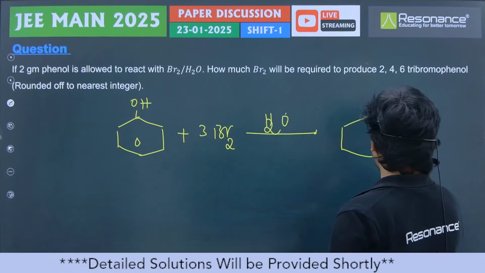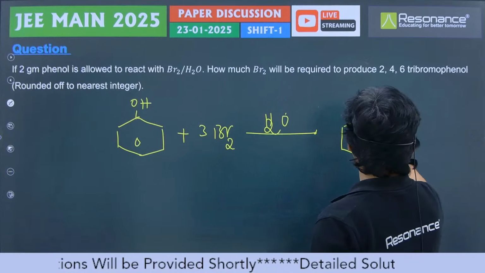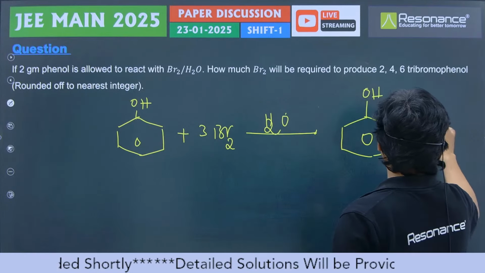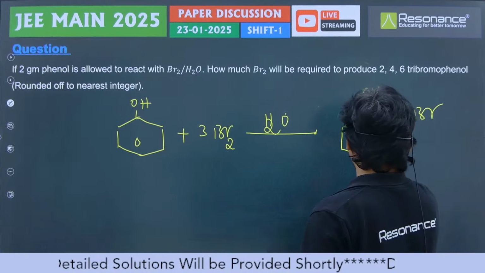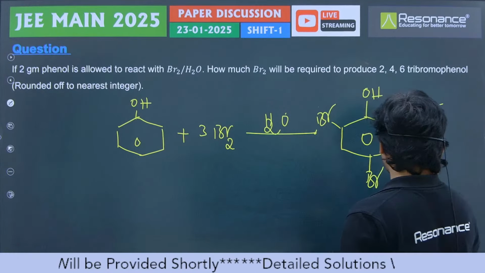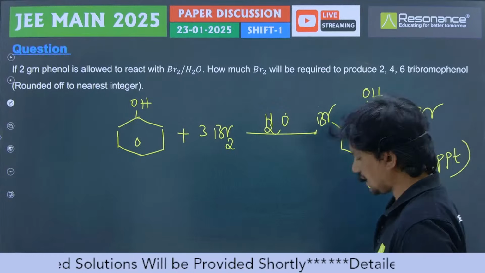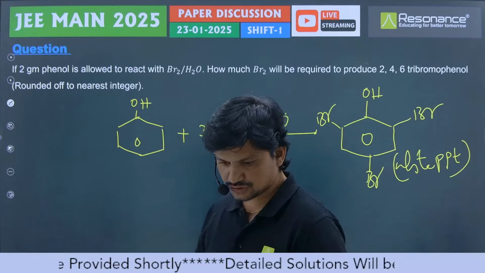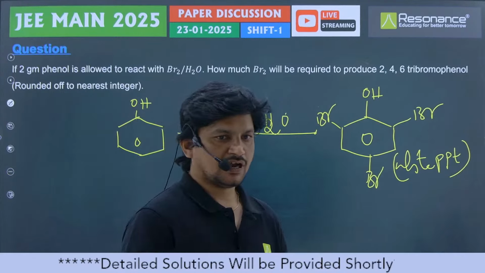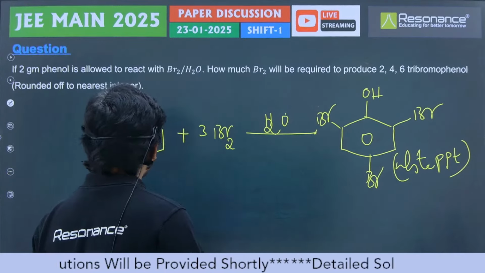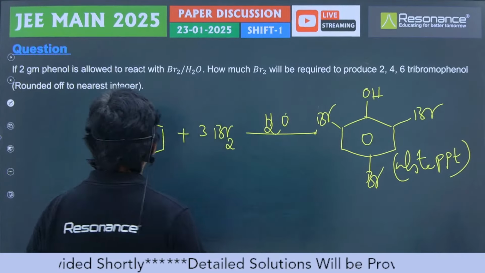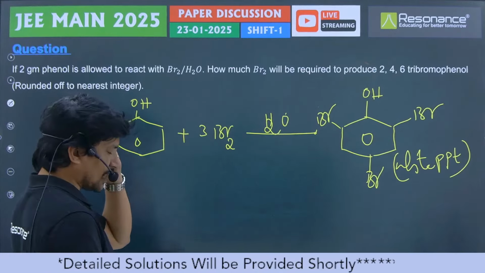It gives the what? 2,4,6-tribromophenol, which is a white precipitate. Actually, this reaction we also use for the test of phenols and the test of amines, like aniline, right?